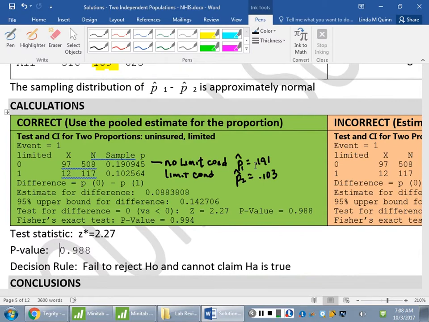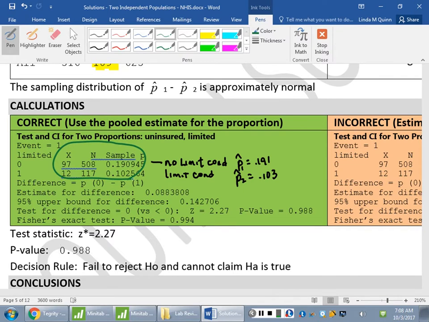First thing we're going to do is we're going to describe these two values. That's the results of our study. So I want a sentence that says, if you had a limiting health condition, there were 117 of you in this study. 12 of them were uninsured for a percentage of 10.3.